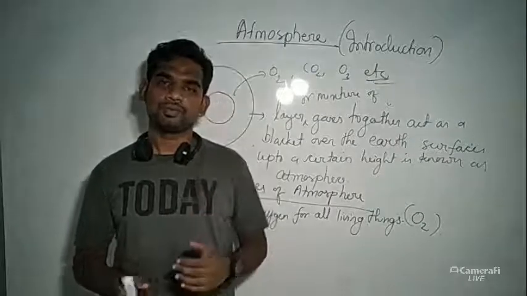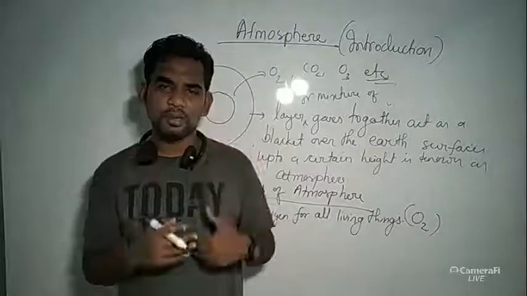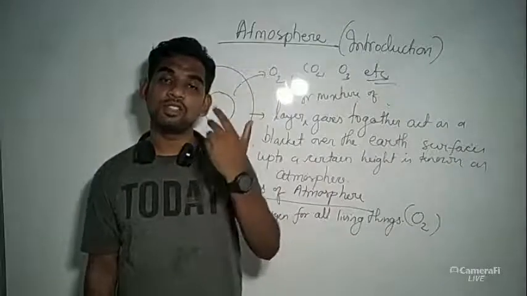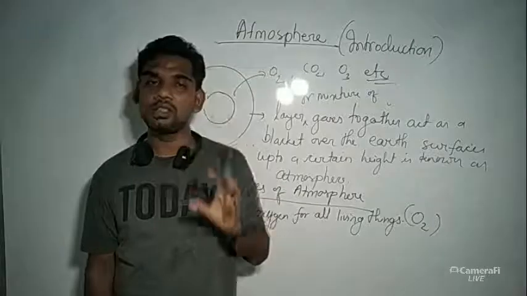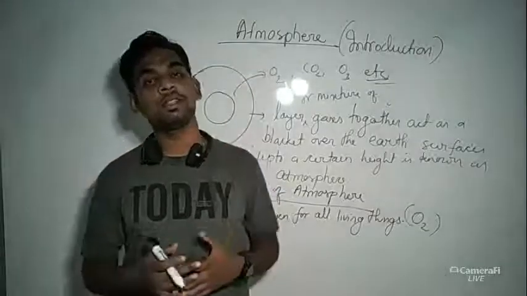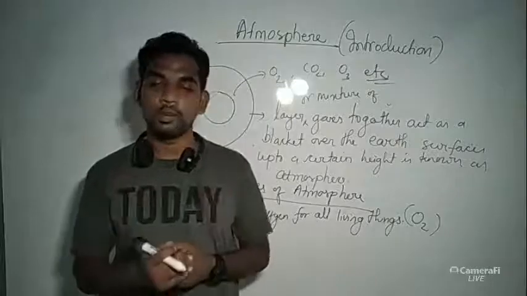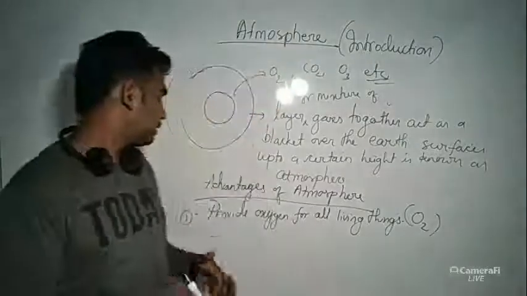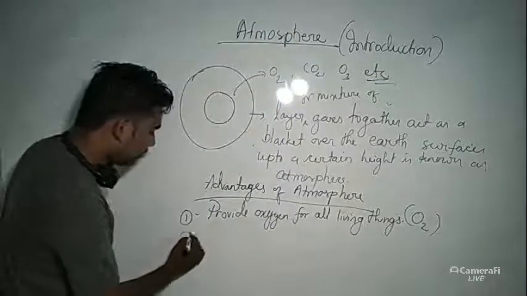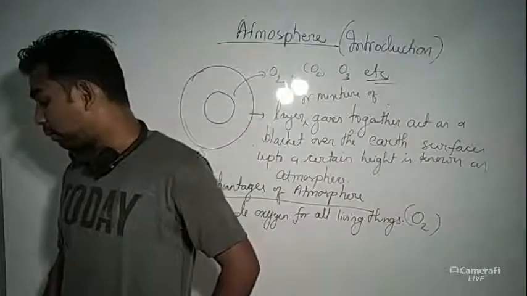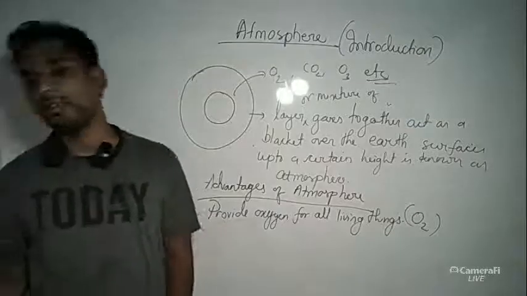Of the oxygen that we breathe in, 20 to 30% is consumed by the brain itself. And all the cells present in our body use that oxygen. The next advantage we will include is that it provides carbon dioxide to the plants for their survival.